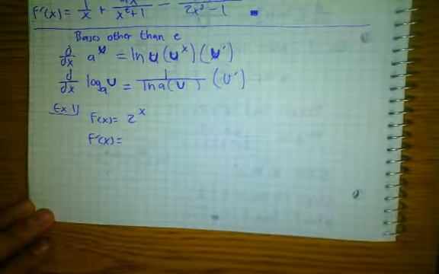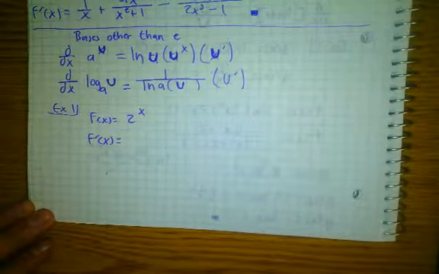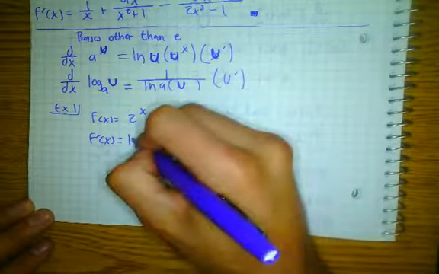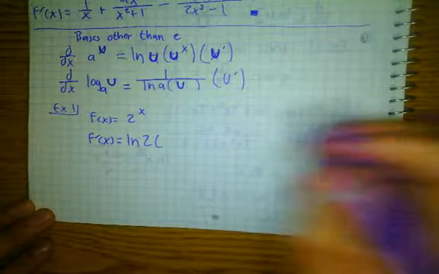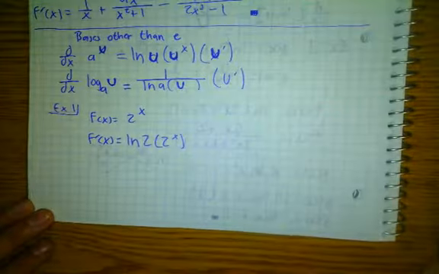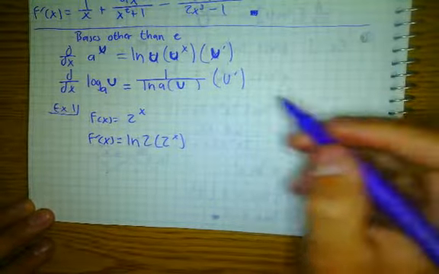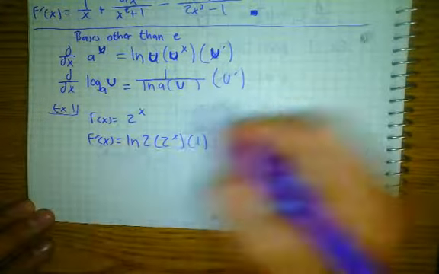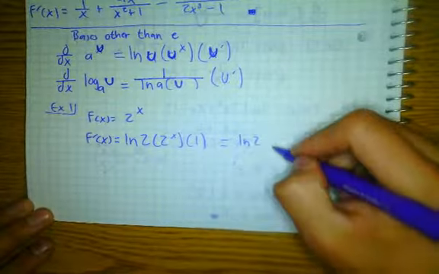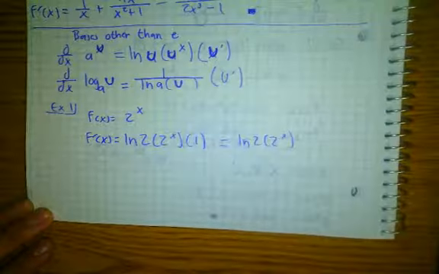Look at the rule. ln of 2 times what? 2 to the x times what? The derivative of the power, which in this case happens to be 1. So this would just be natural log 2 times 2 to the x.